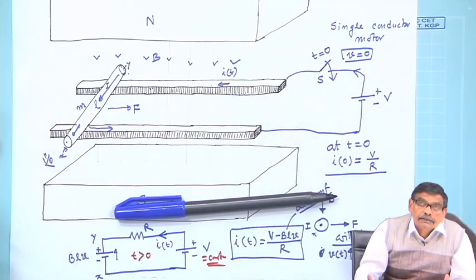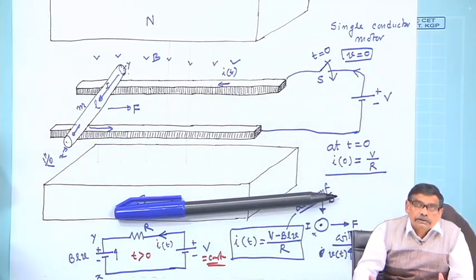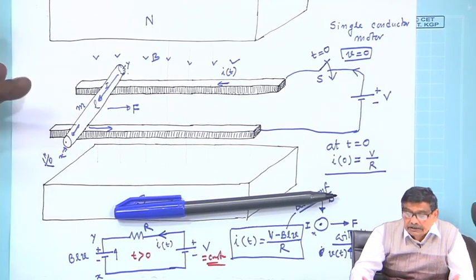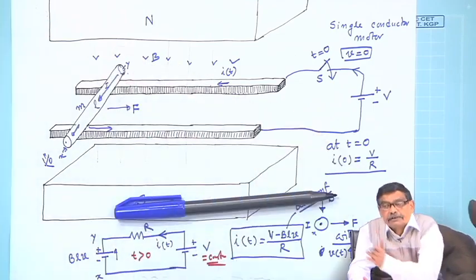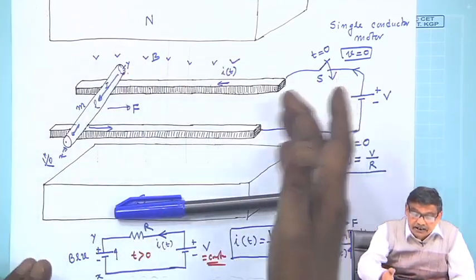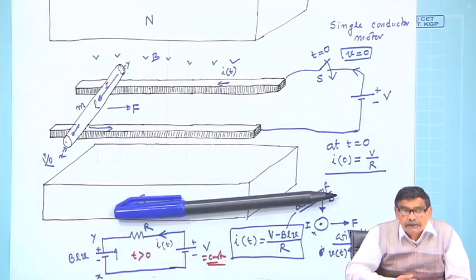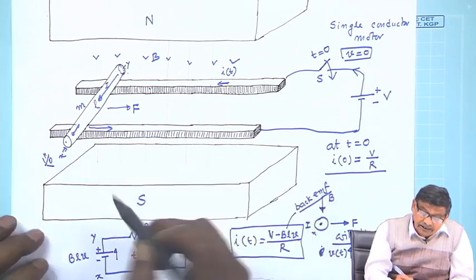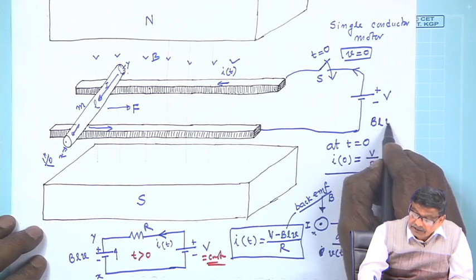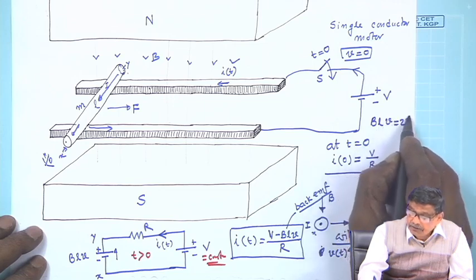And if this happens, electromagnetic force will now appear, it will further accelerate from its initial velocity, and where it will finally settle down? Once again, it will settle down to such a velocity where BLv will be equal to 2V.